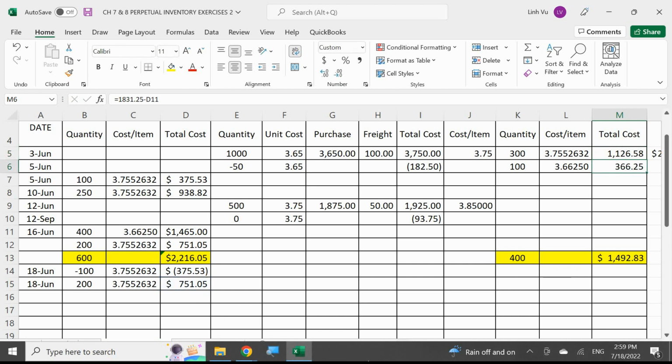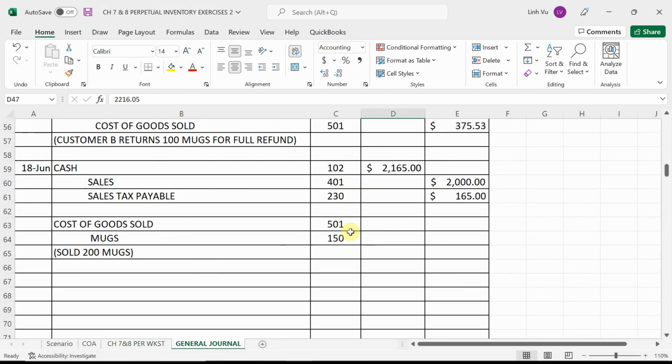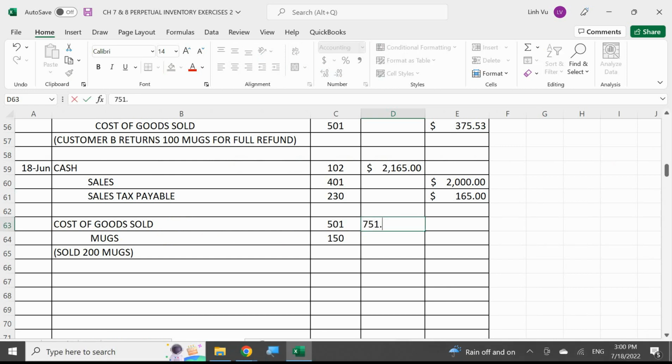I should get a new grand total cost of $1126.58. Okay. All right. So I should have 400 units available, including the extra large cups, and a grand total of $1,492.83 in my inventory. And how much it cost me was $751.05 to sell 200 units. So $751.05.